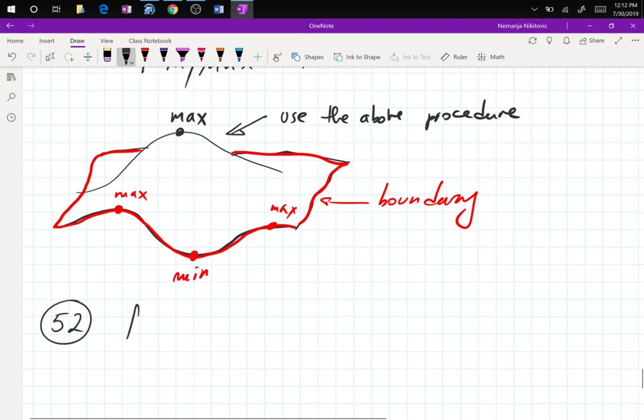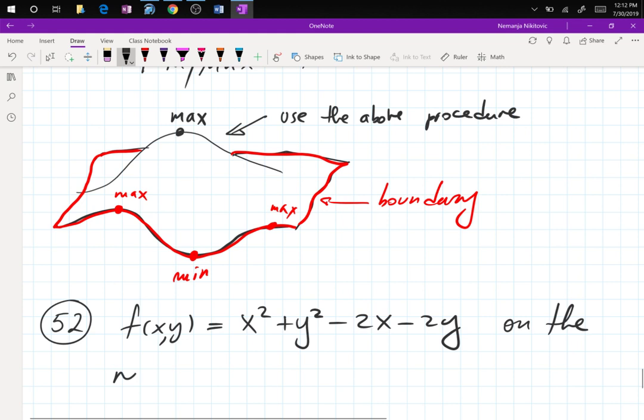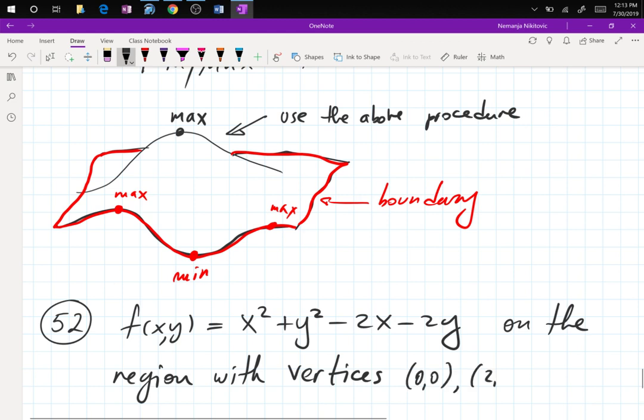It gives you the function f(x,y), which is a very simple x squared plus y squared minus 2x minus 2y, on the region with vertices 0, 0, 2, 0, and 0, 2.